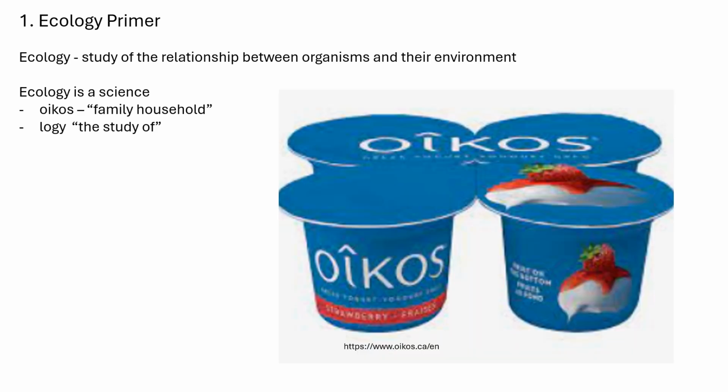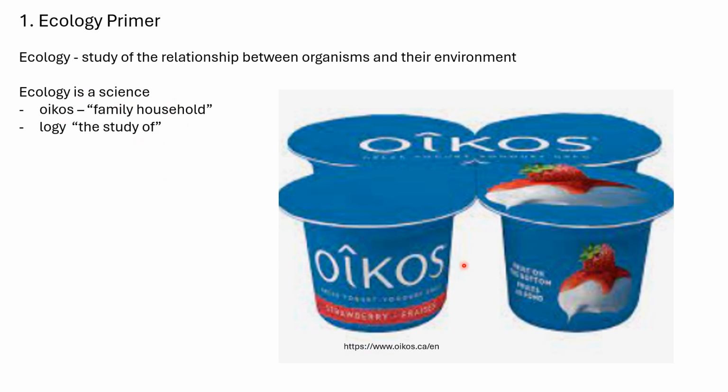I always like to figure out where these words come from because it helps me remember and keeps me on track. If I look at this word ecology, we might think of a lot of words that begin with eco, right? You go to the store and you're trying to be eco-friendly, so you don't get plastic bags. Where does that eco come from? It actually comes from this word oikos, which is talking about the household or the family.